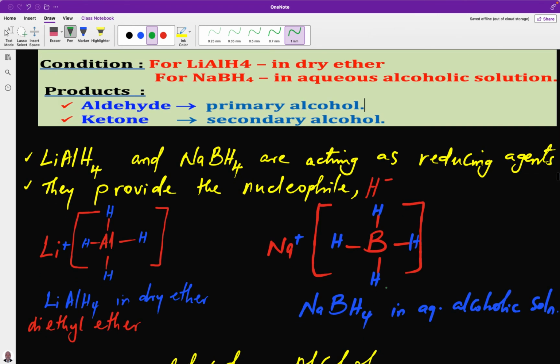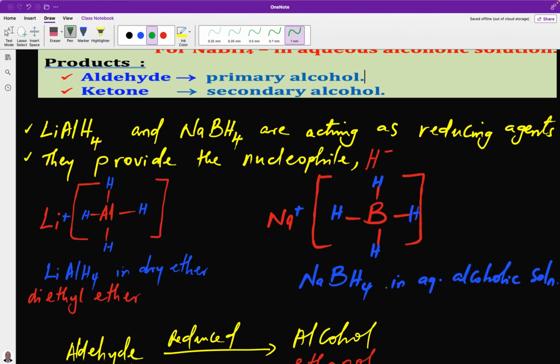And I went further, I said LiAlH4, lithium tetrahydroaluminate in dry ether, is a more powerful reducing agent than the NaBH4, and LiAlH4 reacts vigorously.